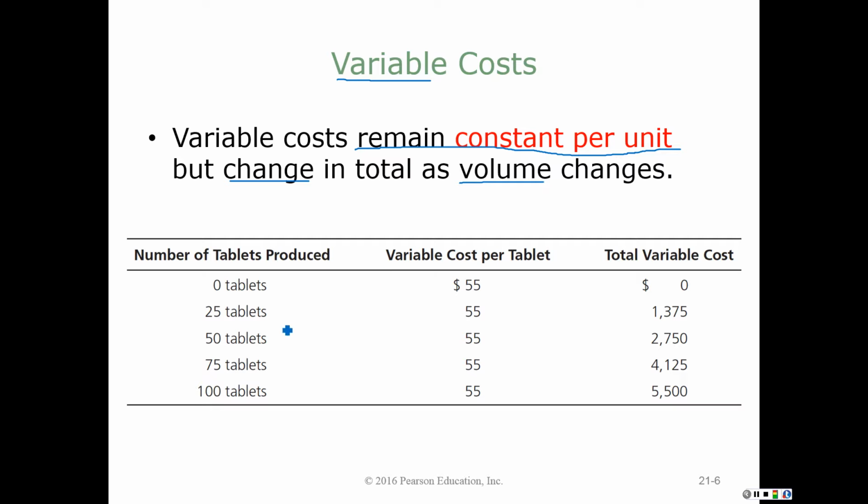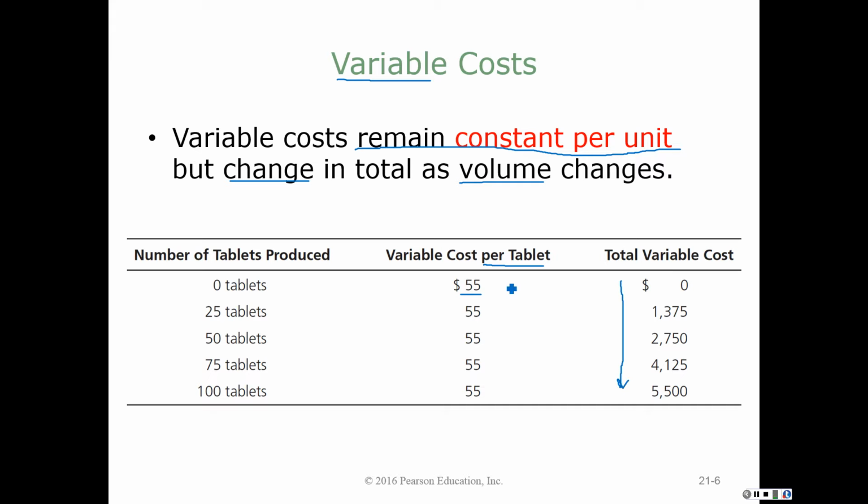So in our smart tablet example in your text, if the batteries for each tablet cost $55, okay, then we have $55 per tablet. This is a variable cost because the more tablets we produced, the more our variable cost will be. So we can see this activity taking place.